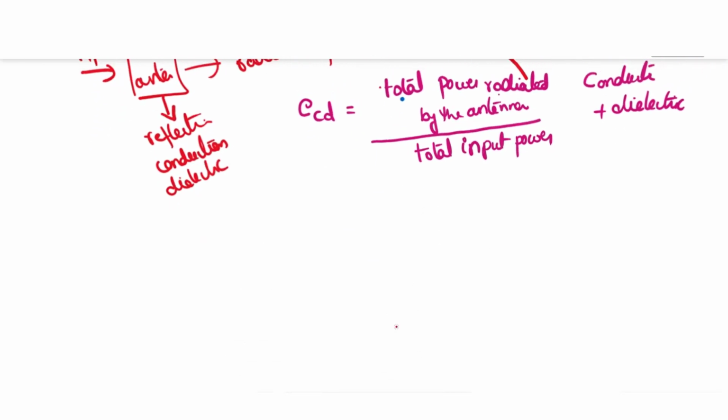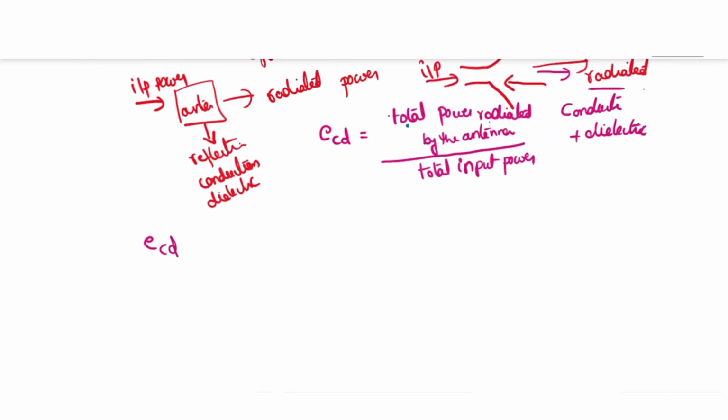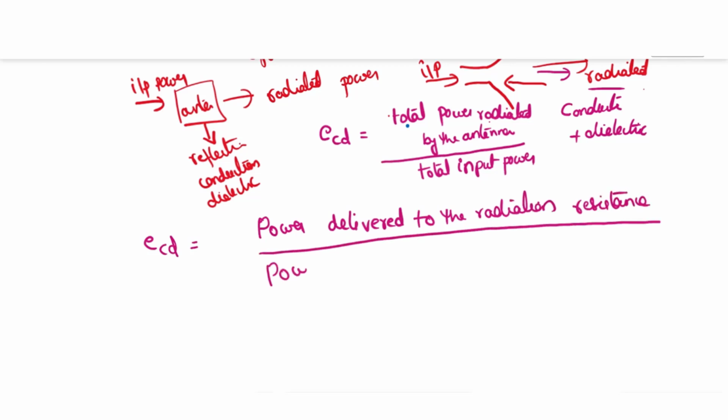ECD can also be written as ECD is equal to power delivered to the radiation resistance divided by power delivered to the radiation resistance plus loss resistance.